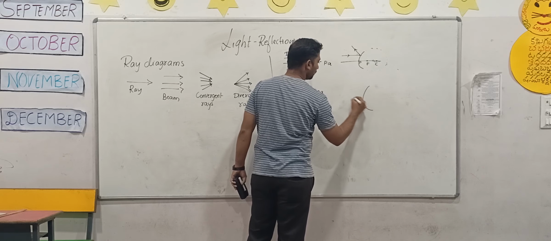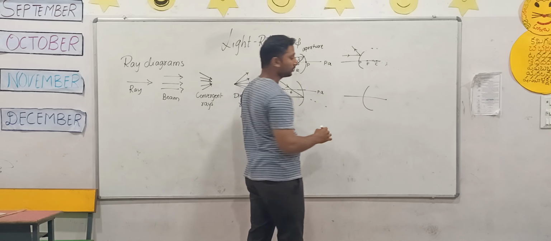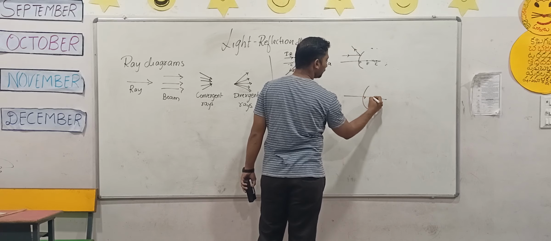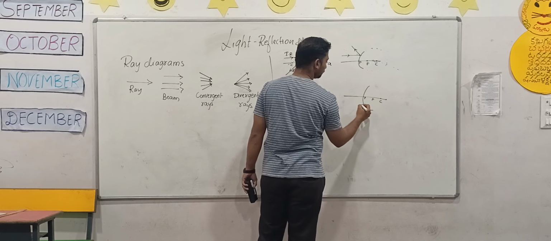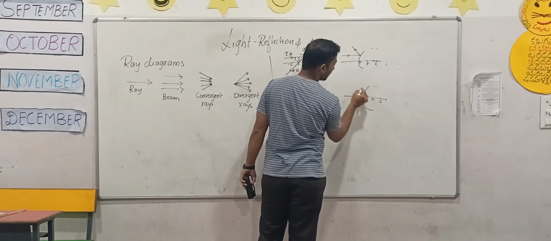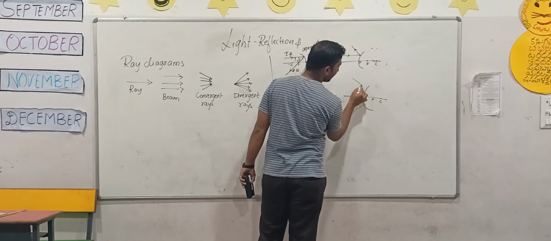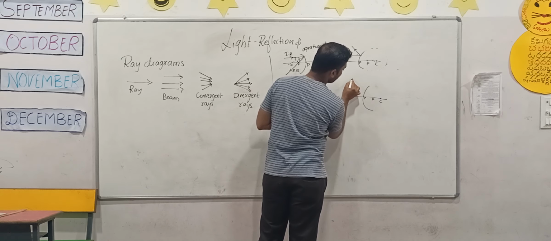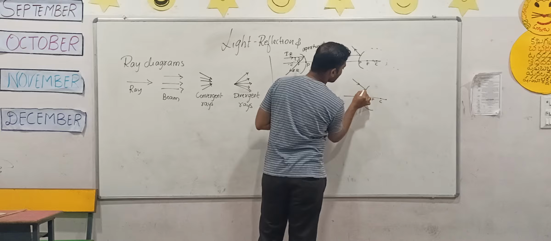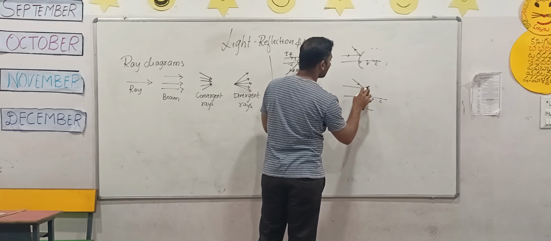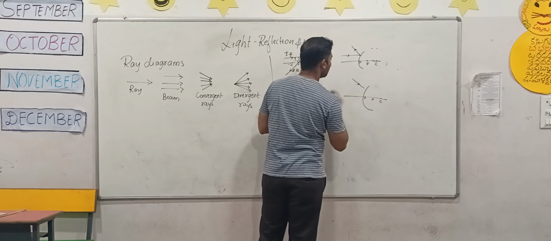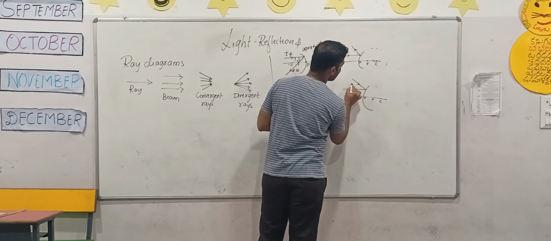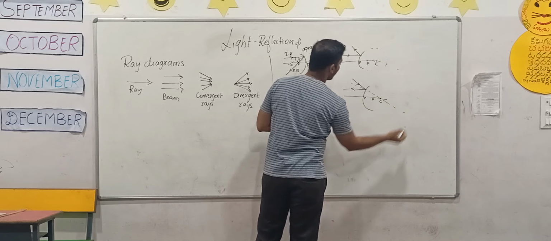If we take a convex mirror, here P, F, C, and if it appears like it is incident at point F, here also it behaves vice versa, it reflects and becomes parallel to the principal axis. So here also our normal line will pass through the point of curvature.